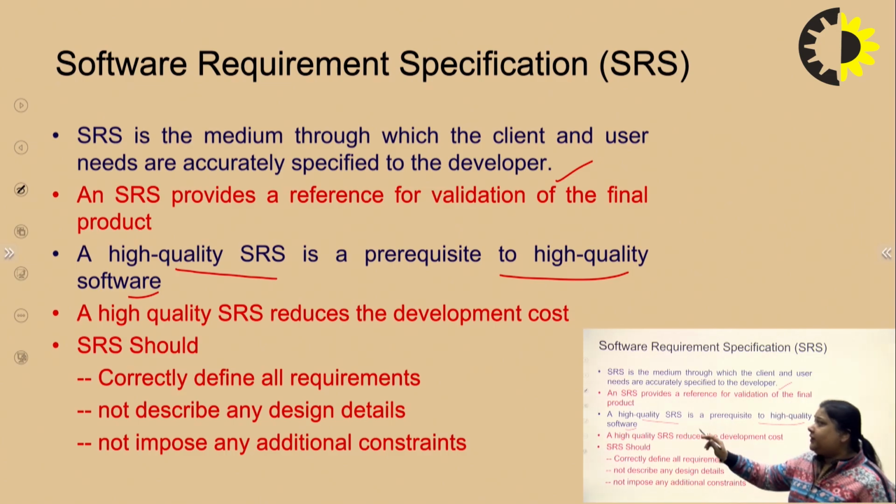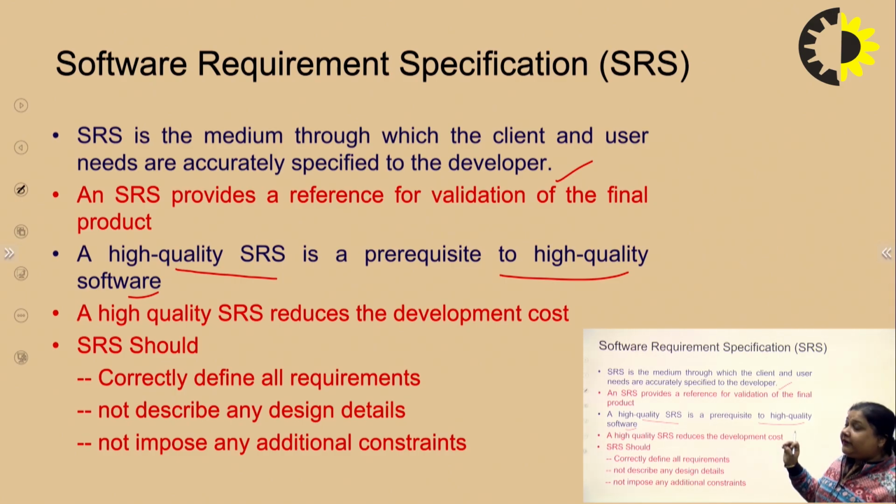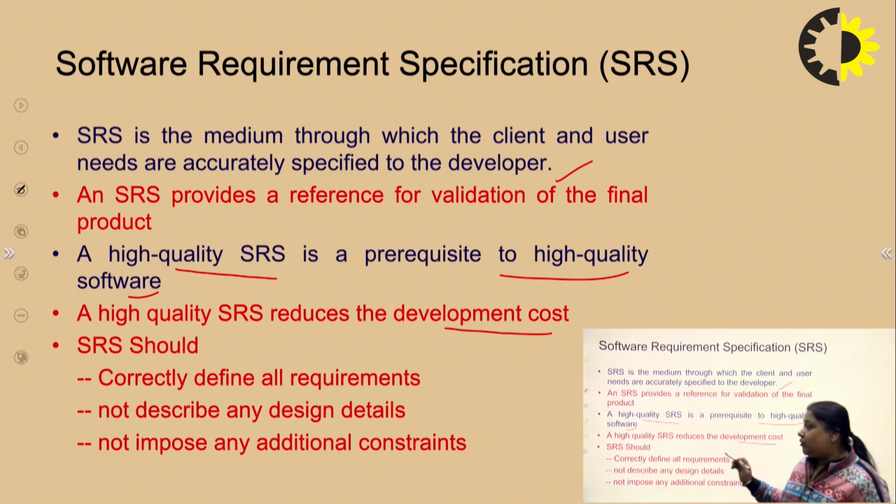A high quality SRS means that all the requirements are gathered and written in a proper format that can be easily understood by both of the parties, and it is very important to make high quality software. This high quality SRS reduces the development cost, because the requirements are not changing every time.